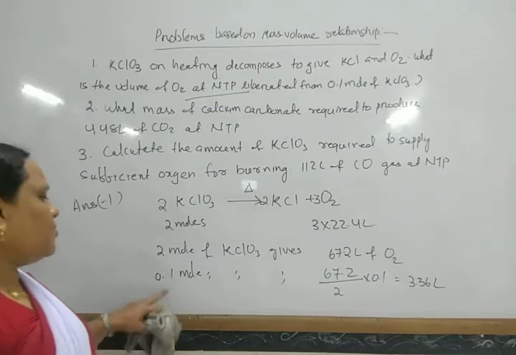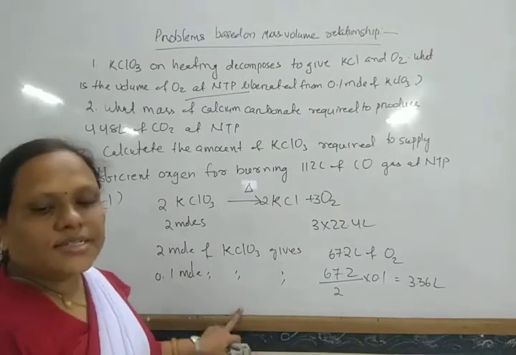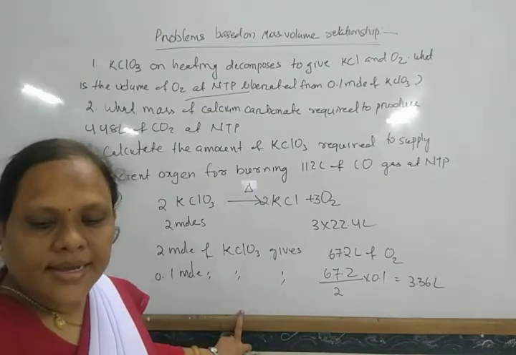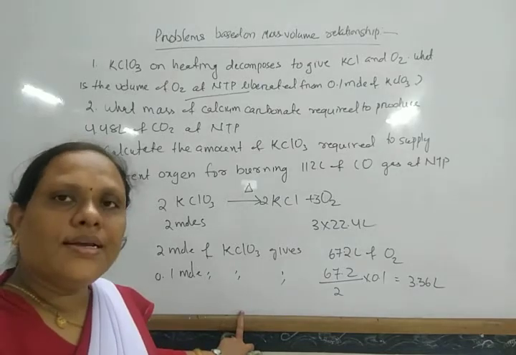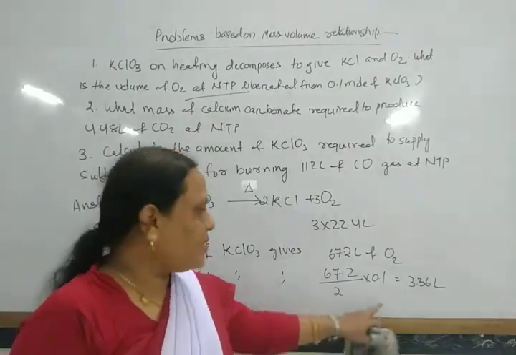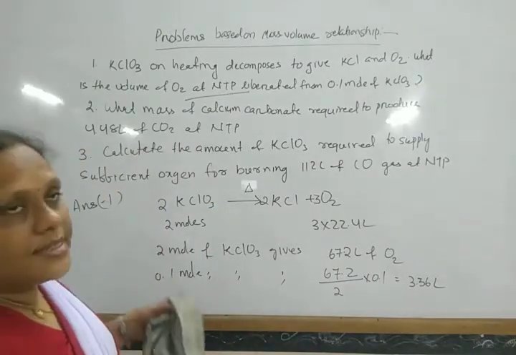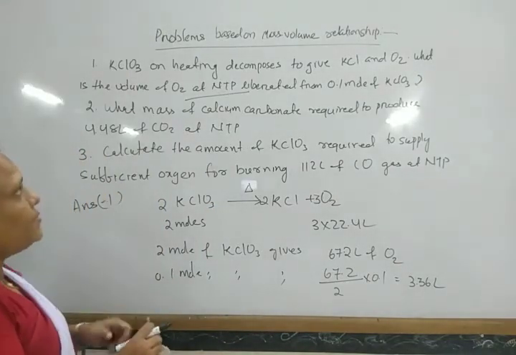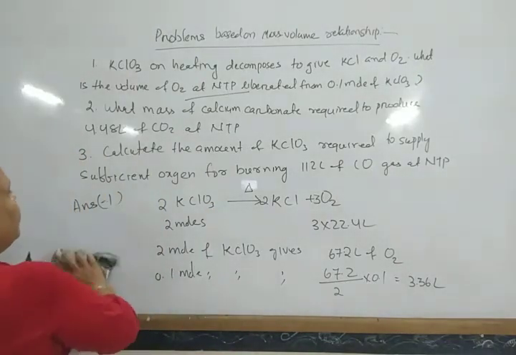So 0.1 mole of potassium chlorate on heating gives 3.36 liter of oxygen. Next come to question number 2.